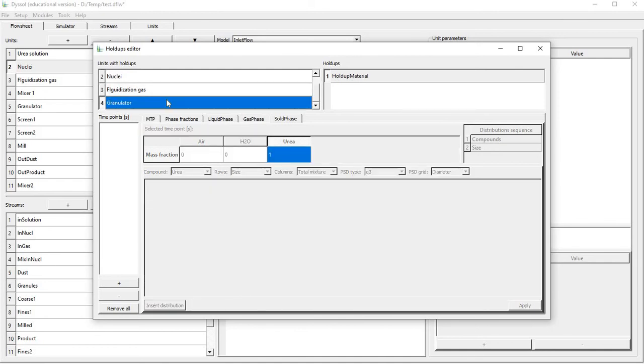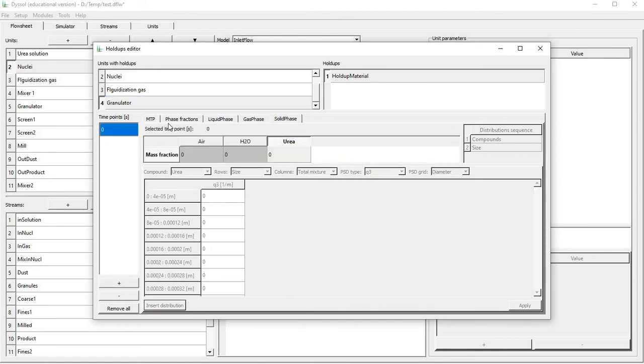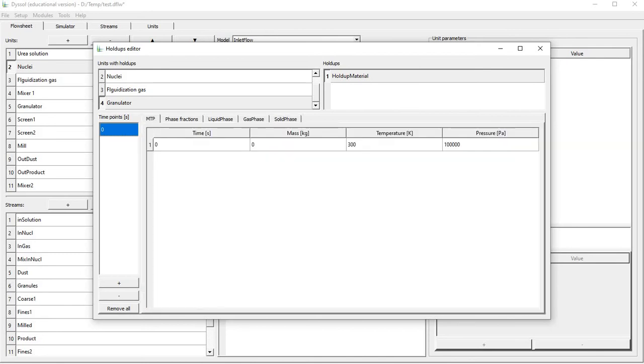Next important stage, it's the granulator. It's necessary to define the holdup in the granulator at the initial time point. First of all, here we will define the mass of it, 100 kilogram. Phase fraction, it will consist only of a solid phase.